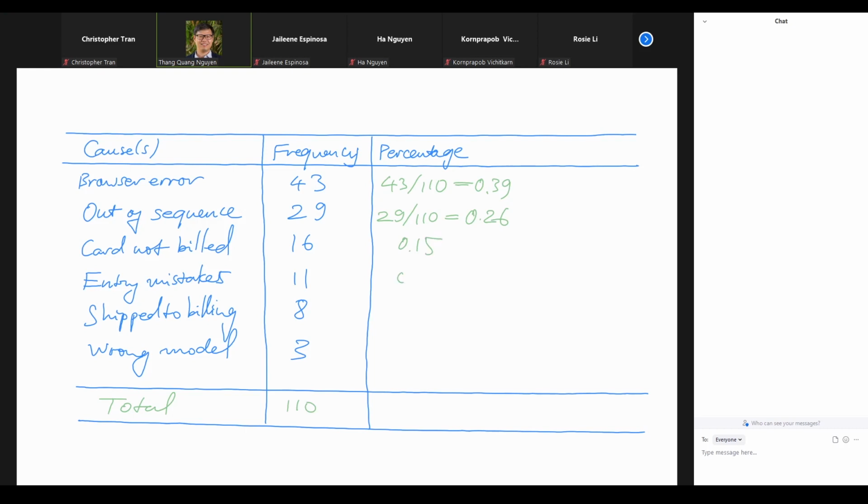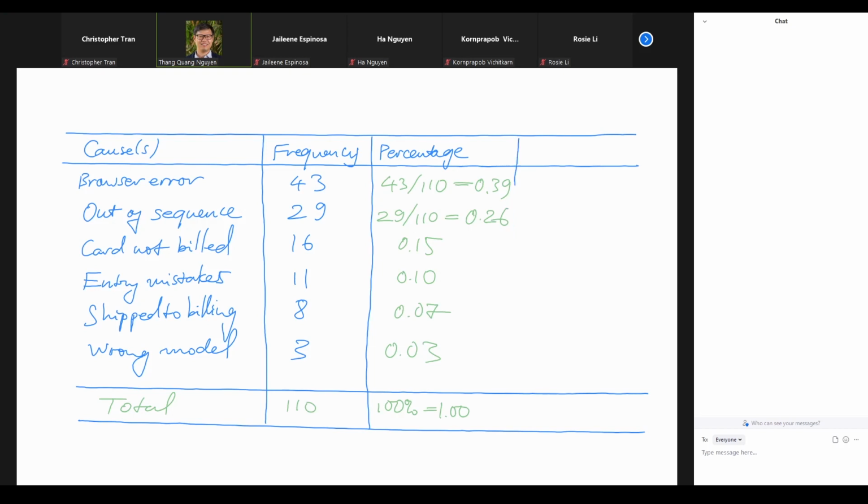The fourth one would be 0.10. The shipped to billing will be 0.07 or 7%, and the wrong model will be 0.03 or 3%. And of course, if we add all of these up, we have 100% of the problems or 1.0, right? Okay, so that's the third column.